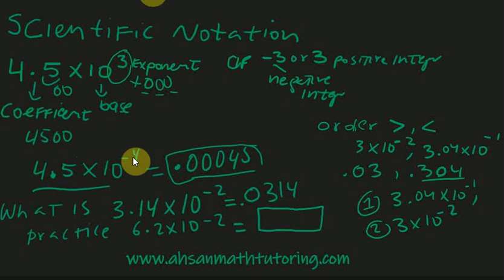What about if it's negative? Your decimal point is here, you go 4 units to the left, 1, your decimal point will be here, 2, 3, 4. So you'll have 3 zeros and then the 4. That's the fourth step. So your answer will be decimal 0, 0, 0, 4, and 5, right?